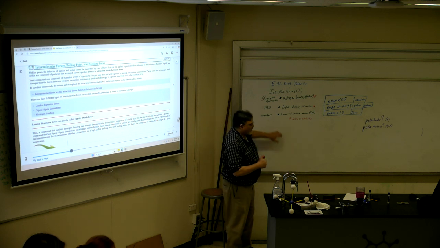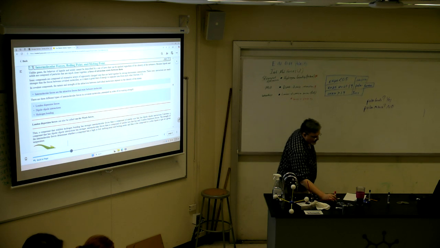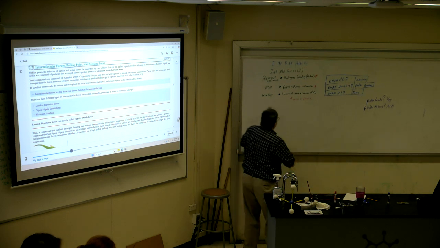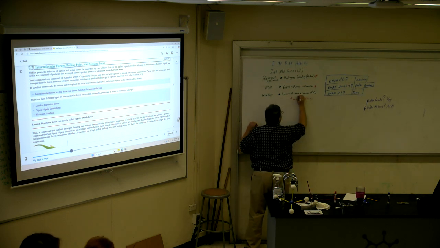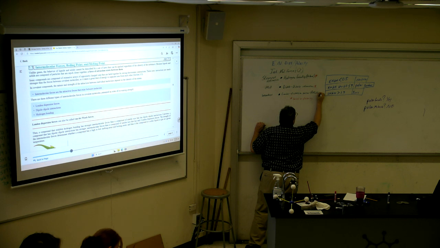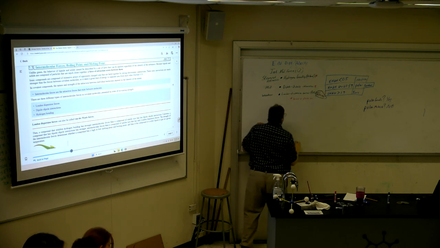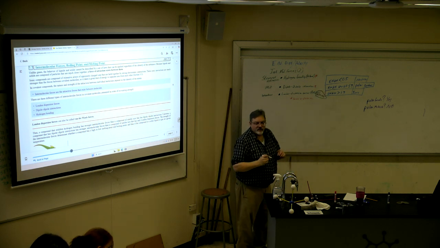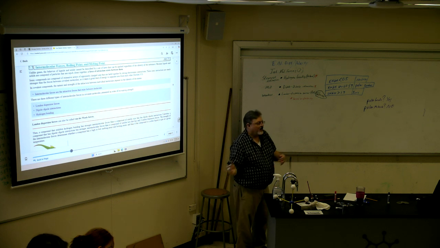This one's just a little weird, and we won't go into the details, but just realize all molecules have London dispersion forces, whether they have polarity or not.